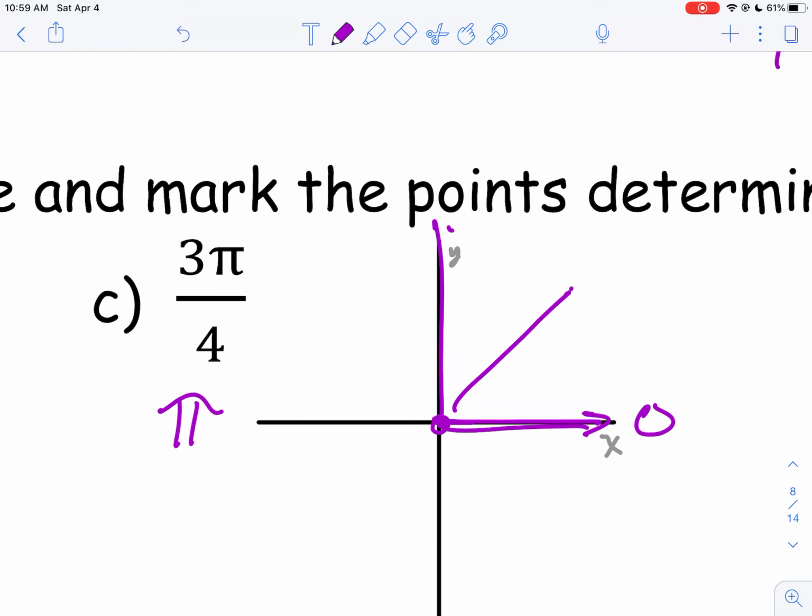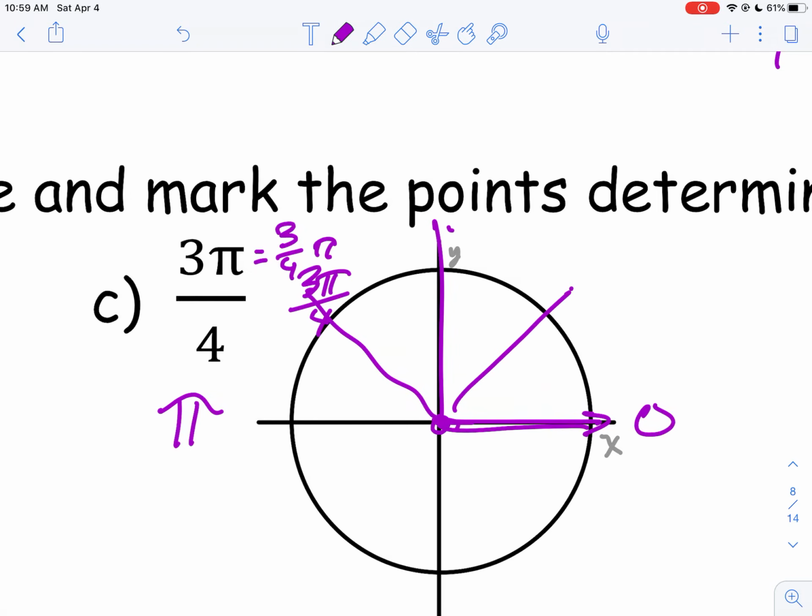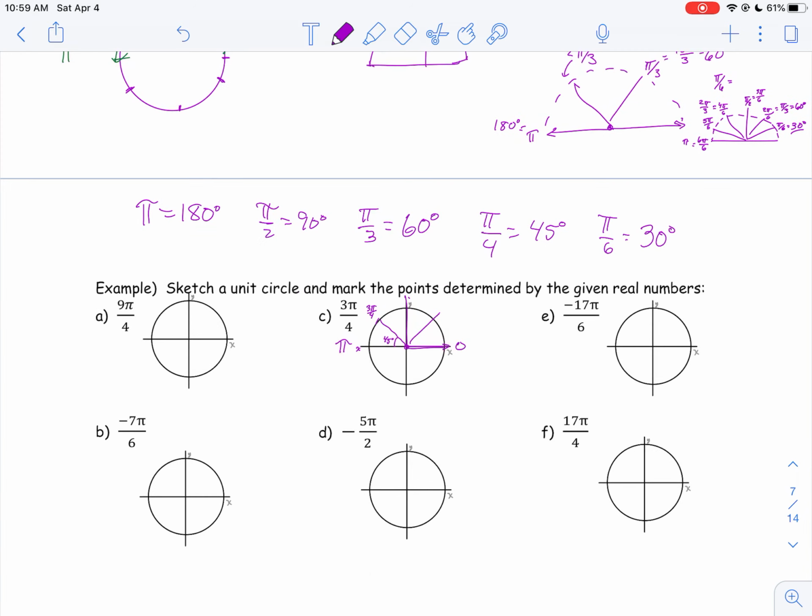Let me clean this up. So I'm going to be interested in the reference angle, which is to the x-axis. What is this? Well, it's 45 degrees.